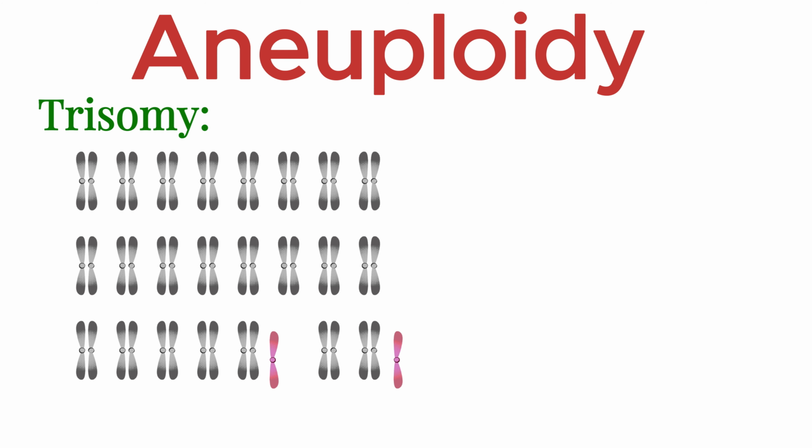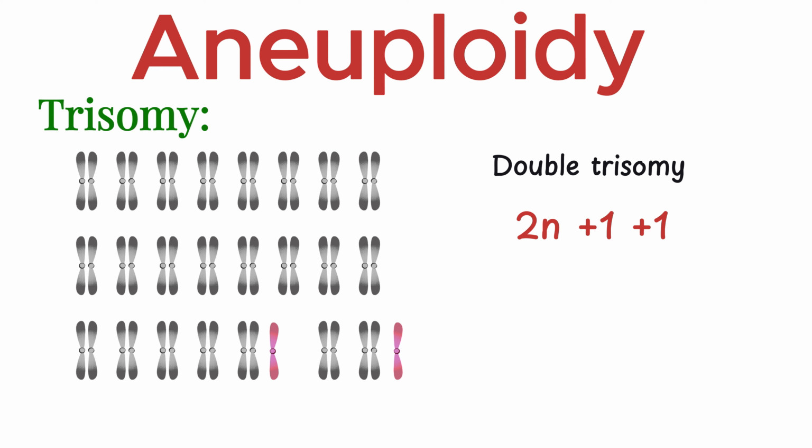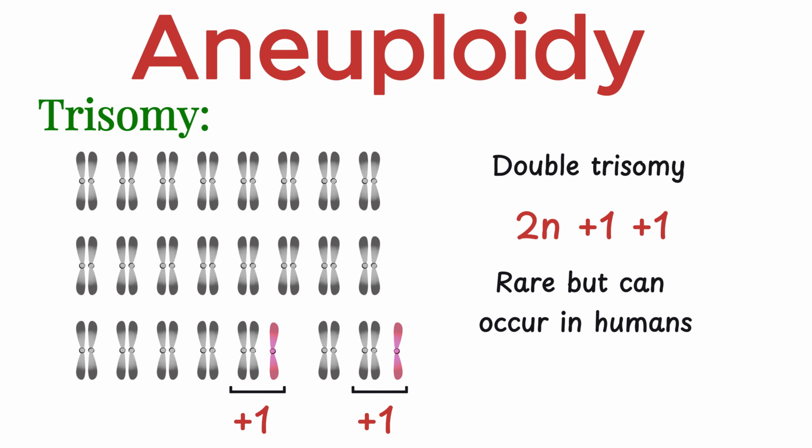If extra chromosomes are added to 2 different chromosome pairs, the condition is called double trisomy. It is written as 2n plus 1 plus 1, each plus 1 showing an additional chromosome in a different pair. Double trisomy is extremely rare in humans, but can occur, for example, when there is an extra chromosome 21 along with an extra sex chromosome.